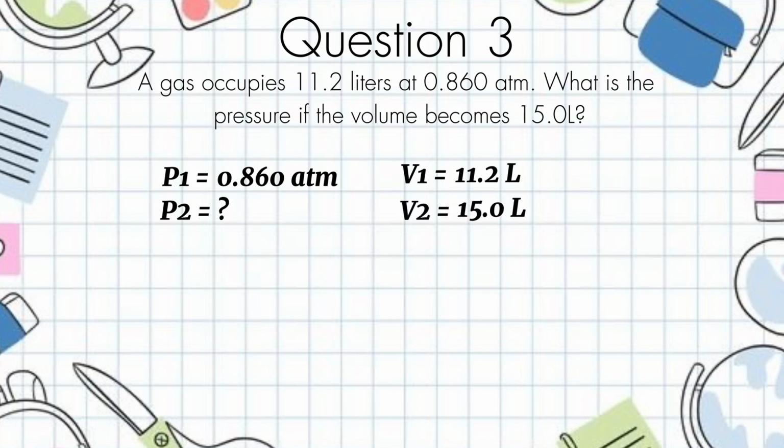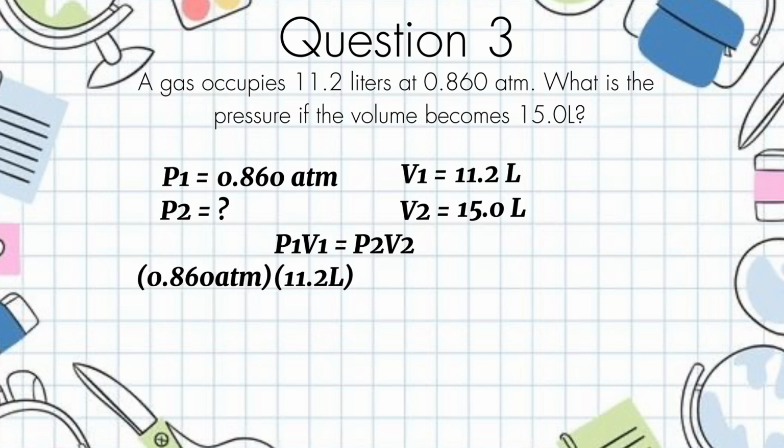Now that we have their values, let's compute the P2. P1 V1 is equal to P2 V2. Then let's substitute the given and we will have the equation. 0.860 atm, 11.2 liters, is equal to P2, 15.0 liters.